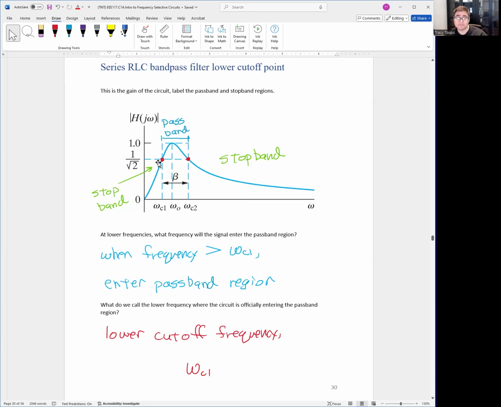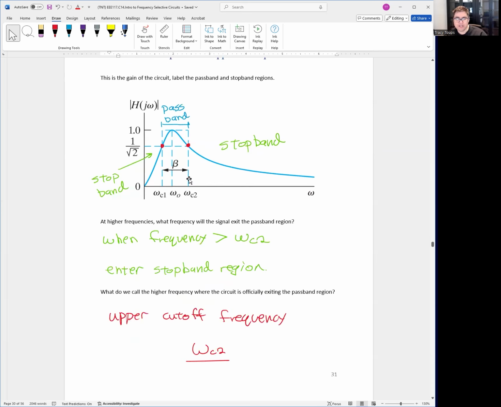Very important to see. Okay, we can look at WC2, right? As the frequency increases, notice the gain is pretty high, but at some point it's going to start falling off. As it starts falling off, once we cross that 1 over square root 2 threshold, we're going to enter the stop band region over here. Okay, so this WC2 is a upper cutoff frequency. Some people call it a higher cutoff frequency, right?